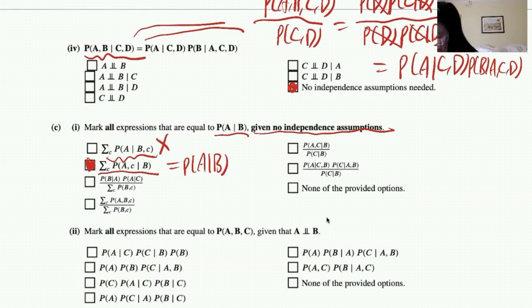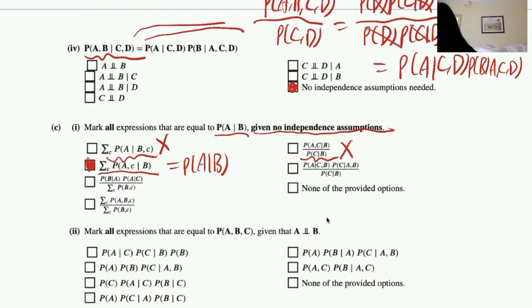When we have an additional condition of C to compute the conditional probability of A, it is not equivalent to probability of A given B anymore. So for the second term, it is also not correct.